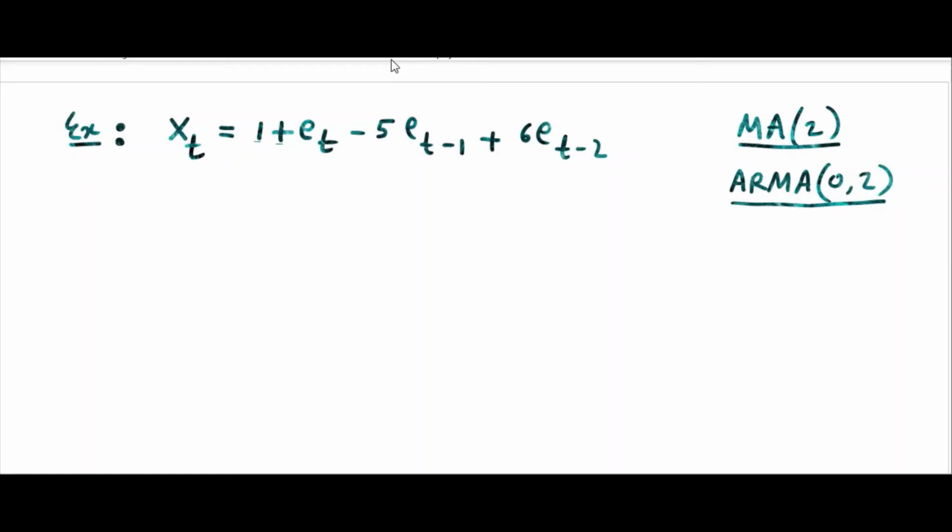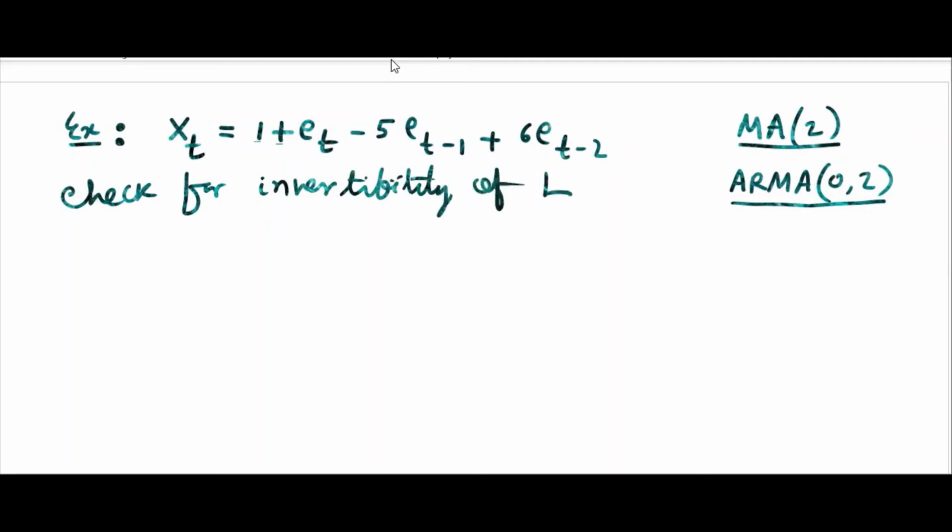There is no AR part here, so you can check for invertibility. This is always stationary. I can write: check for invertibility of the process, whether this process is invertible or not.